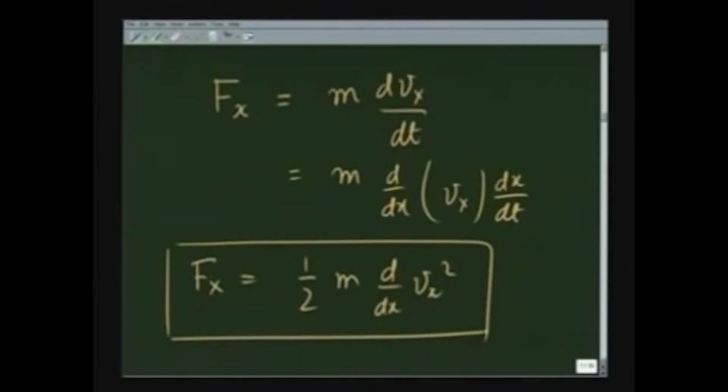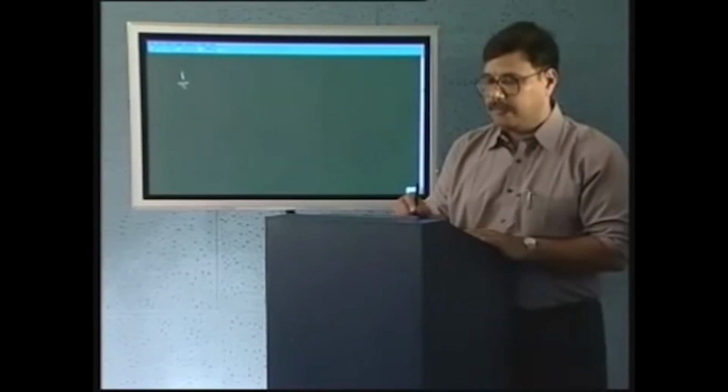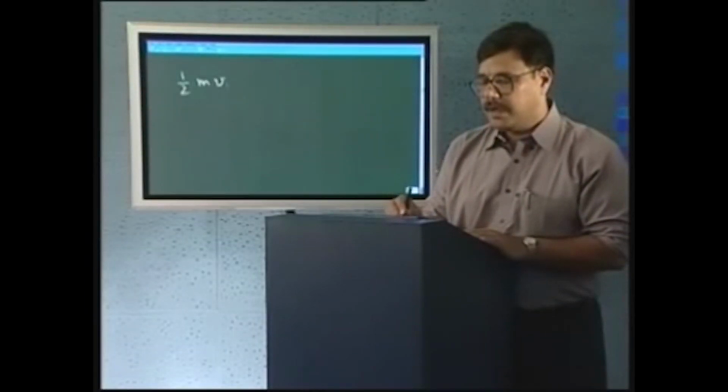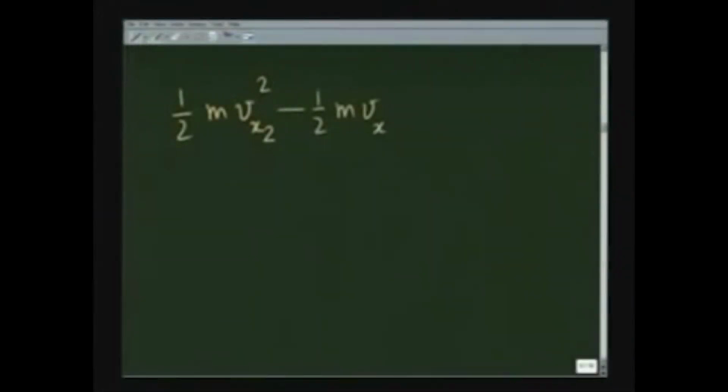If I integrate this equation, what I get is half m vx at some position x2 square minus 1/2 m vx1 square is equal to the integration of Fx dx from position x1 to x2.